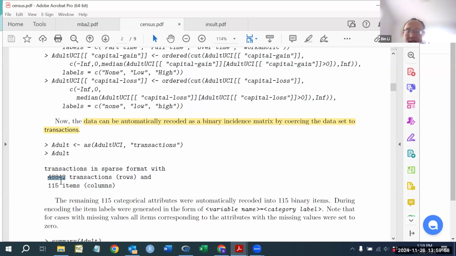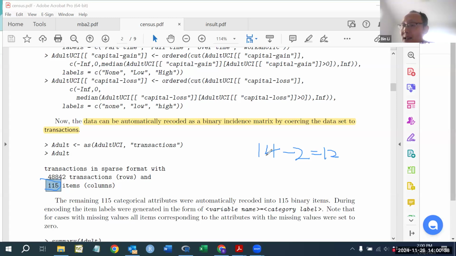That's the 48,000 responses from the surveys. But how many columns? We now have 115 columns. Why is it 115? Remember, we have 12 predictors, because originally we have 14, but we removed 2, so we have 12. But why does this become 115? Because we dummify these variables.